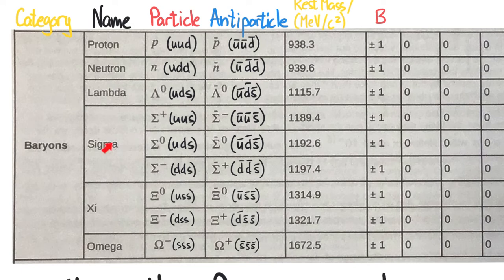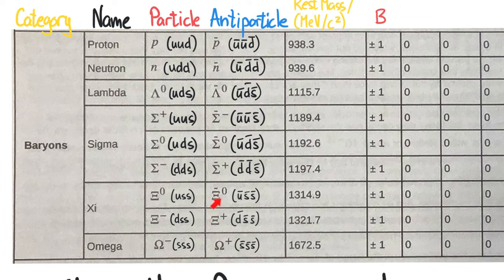Then we have the sigma particles, sigma plus, sigma 0, sigma negative, and the antiparticles, which sit here. And once again, we can see that they are going to have opposite sign. We then have the chi particles, and likewise it's exactly the same. The chi 0 is up, 2 strange.